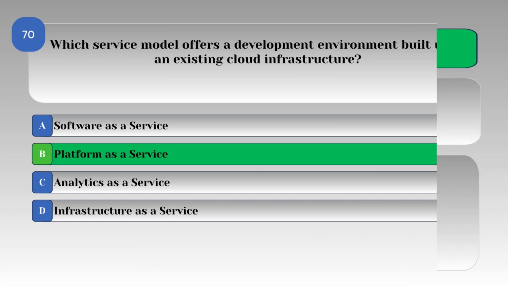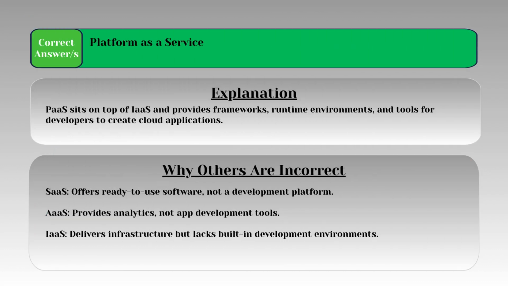Explanation: PaaS sits on top of IaaS and provides frameworks, runtime environments, and tools for developers to create cloud applications. Why others are incorrect: SaaS offers ready-to-use software, not a development platform. Analytics as a service provides analytics, not app development tools. IaaS delivers infrastructure but lacks built-in development environments.